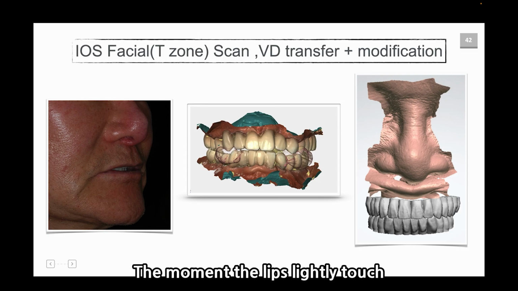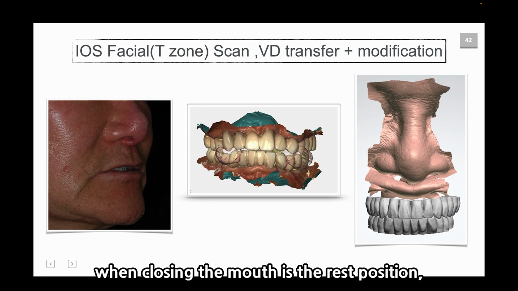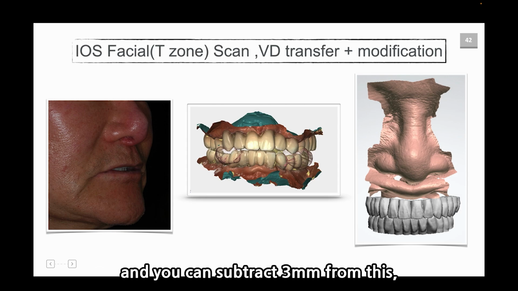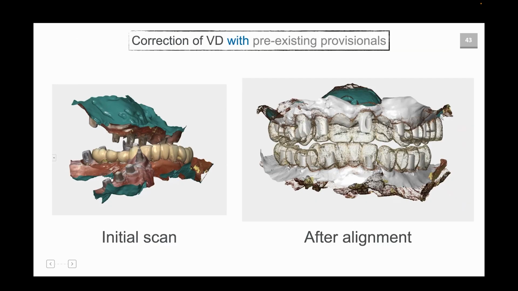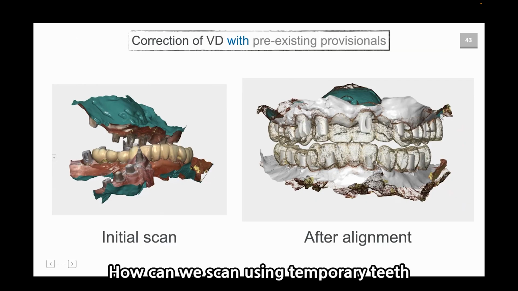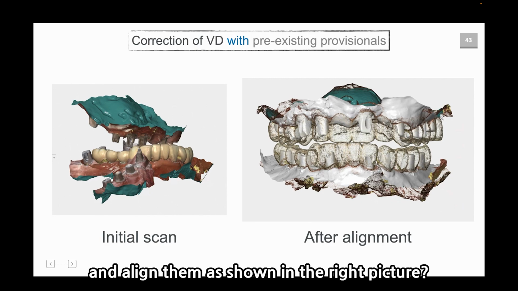The moment the lips lightly touch when closing the mouth is the resting position, and you can subtract 3 millimeters from this. That is the vertical dimension. Here we can use temporary teeth and align them as shown in the right picture.